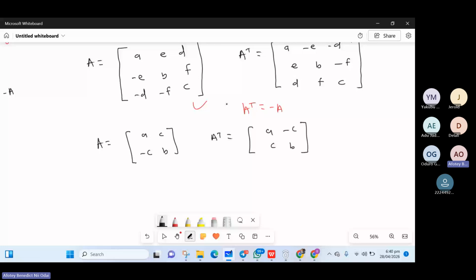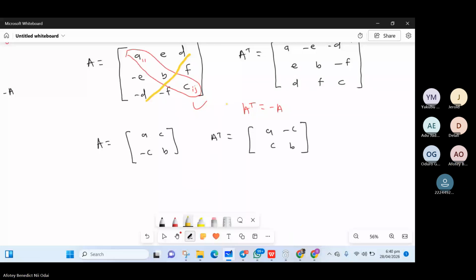We saw in yesterday's class that the major diagonal is a diagonal which includes the first entry A11 to the last entry. So the major diagonal will include everything which is located on this major axis. Of course, this diagonal is known as the minor diagonal. So the one in red is the major diagonal, and the one in yellow is the minor diagonal.